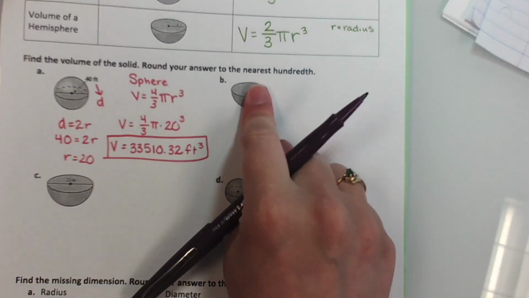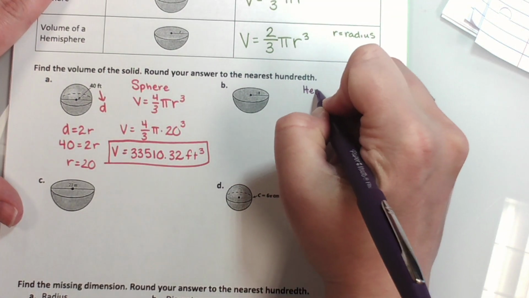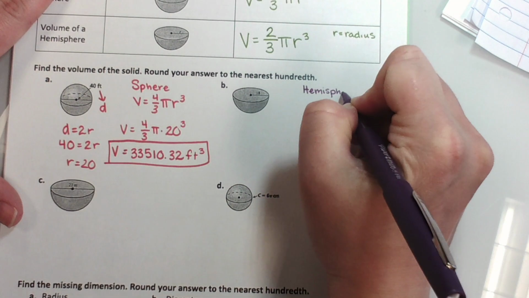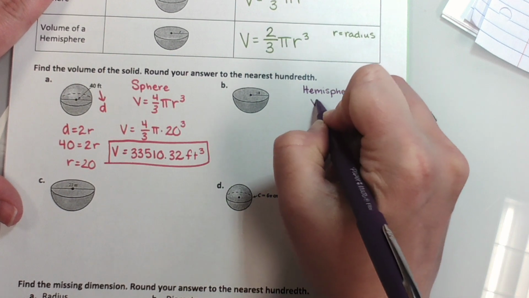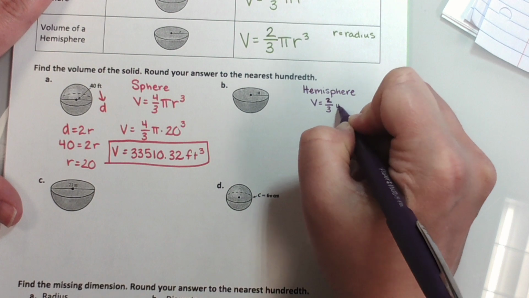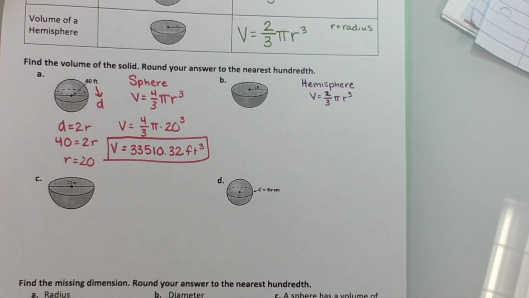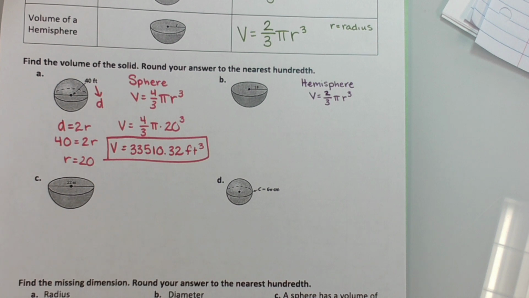Okay. Sphere or hemisphere? Hemisphere. You can do exact answers for hemisphere as well, but they're going to have that same complication. Either you're going to have a fraction unless the radius is divisible by 3. Does 18 divide nicely by 3? Yeah. Sweet. This one we could do an exact answer and it would be nice and easy to work with.